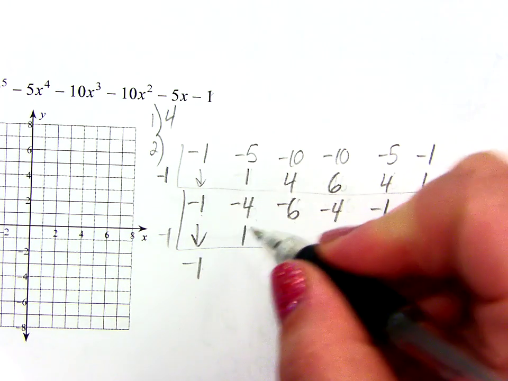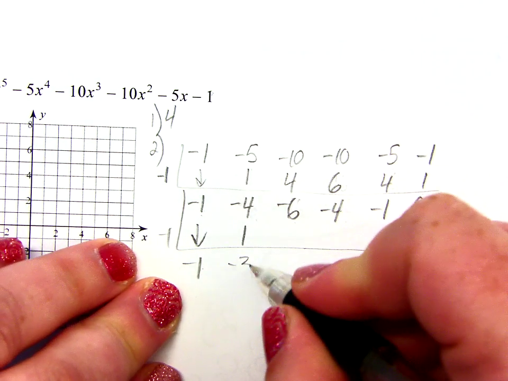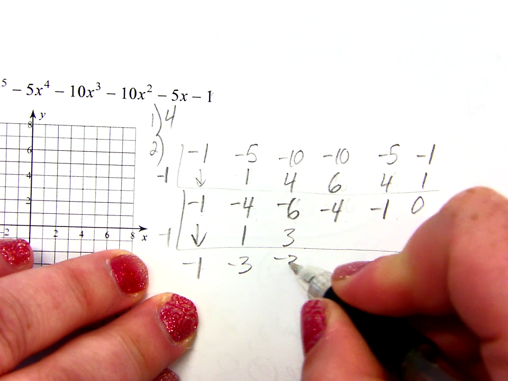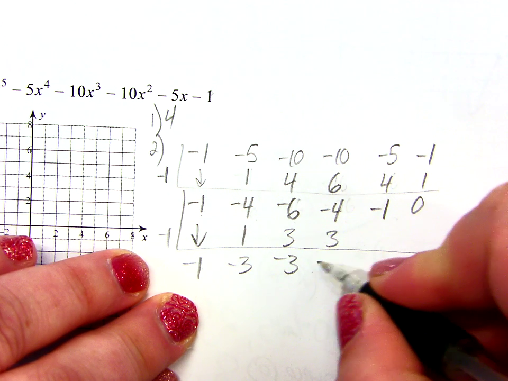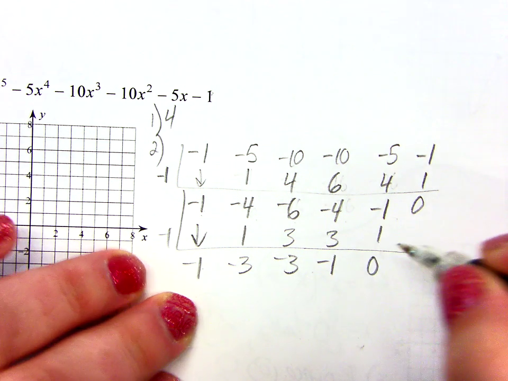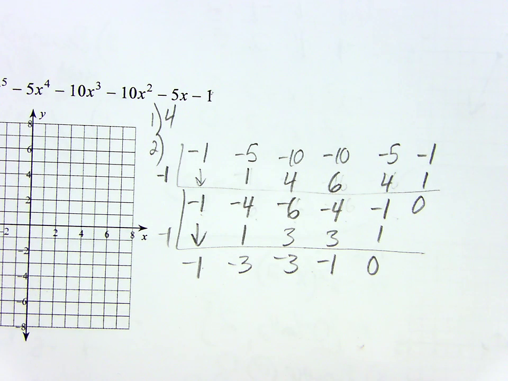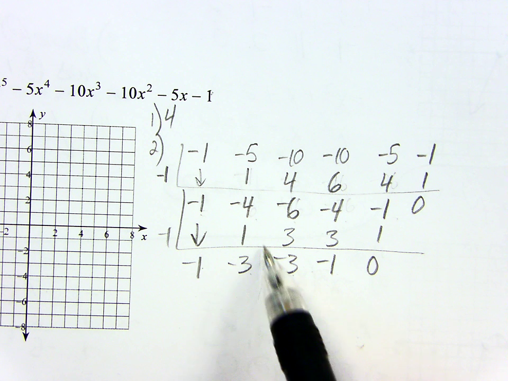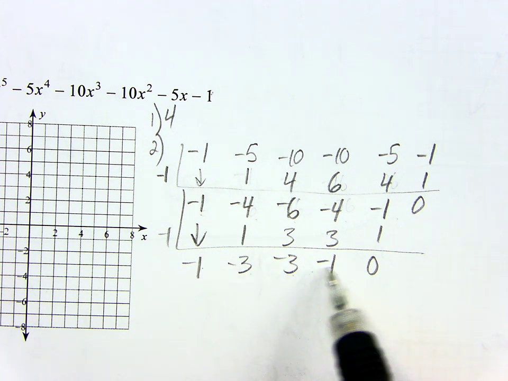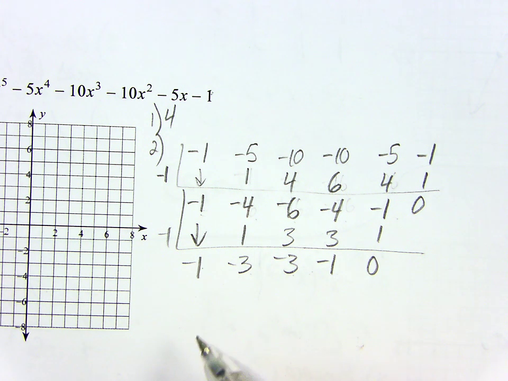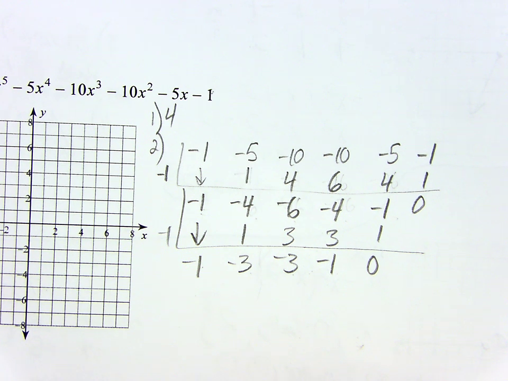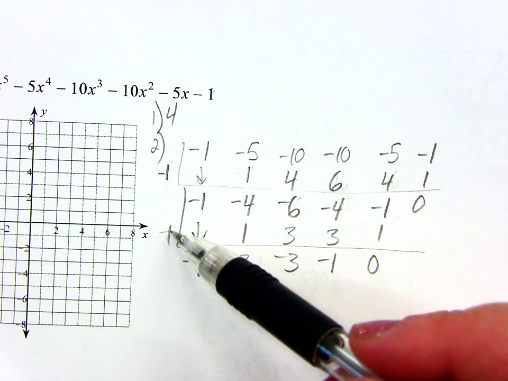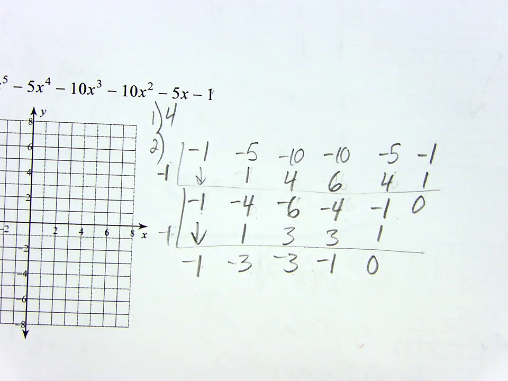It does? All right. Negative 3, positive 3, negative 3, positive 3, negative 1, positive 1, and a 0. Now I'm down to an x to the 3rd. I can try to factor by grouping, but I can already tell it's not going to work. So I got to continue with synthetic until I get all the way down to a quadratic. But I have 2 of my answers so far, and I only need 5.